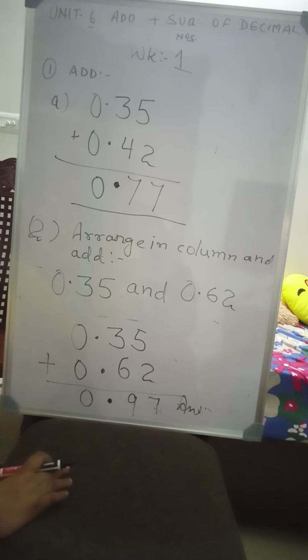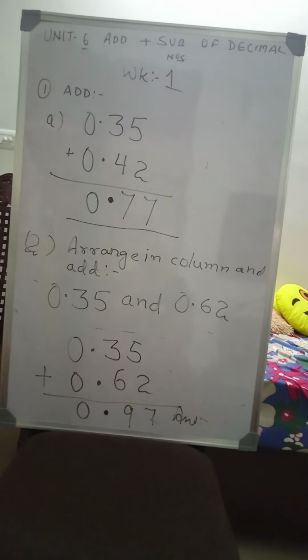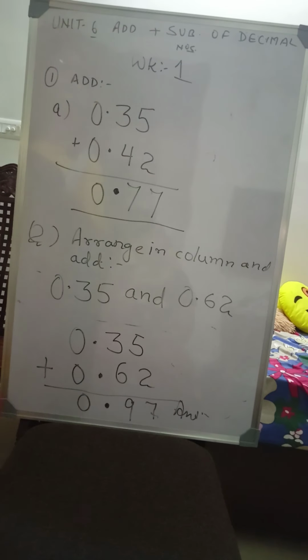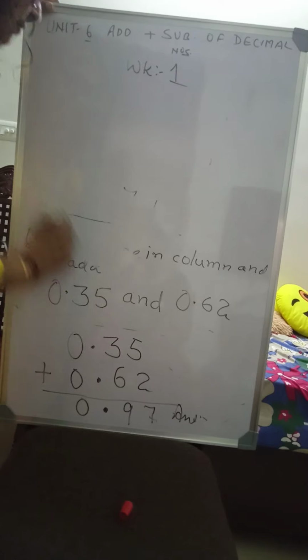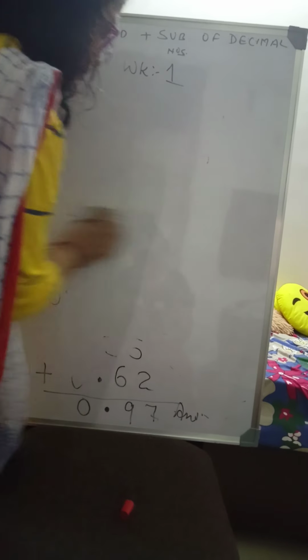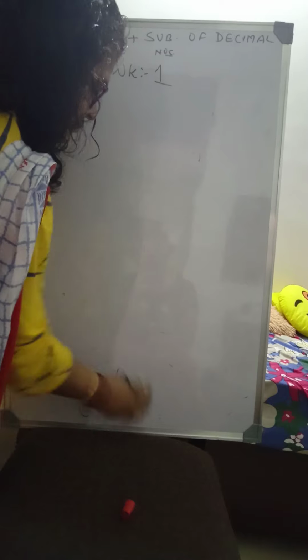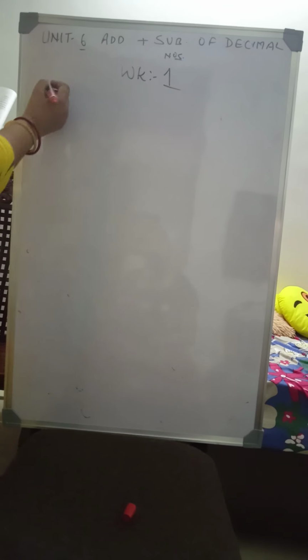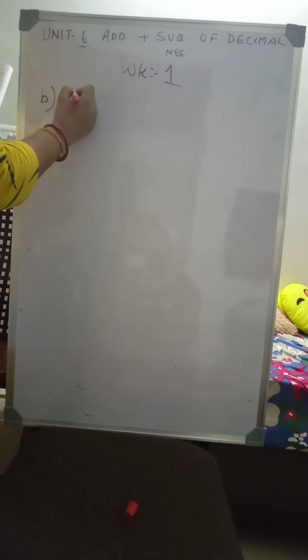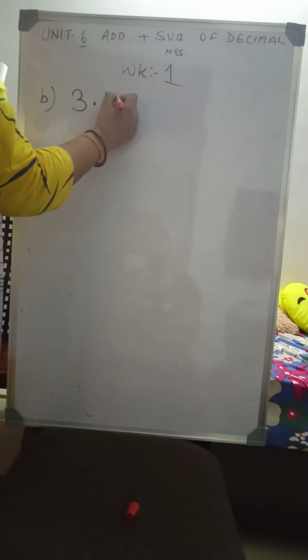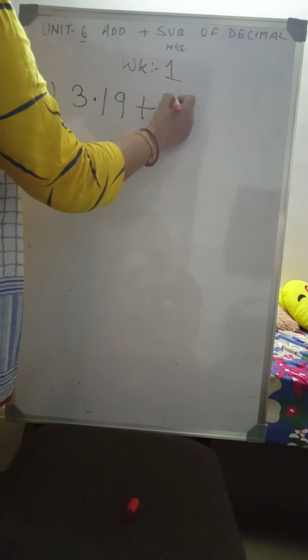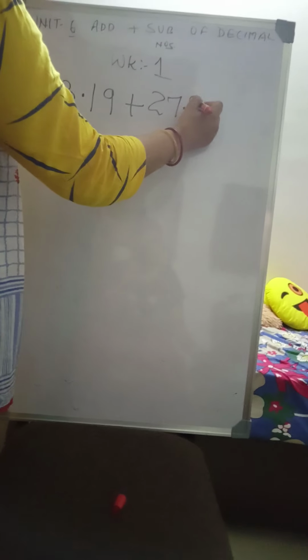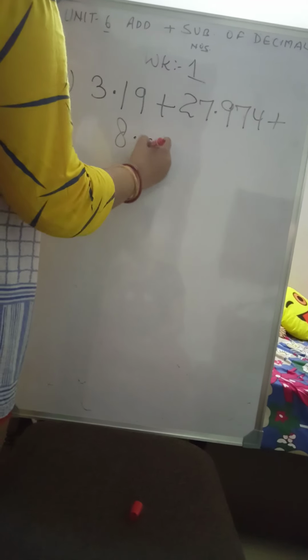Okay children. So let us take another example. For example, 3.19 plus 27.974 plus 8.8.